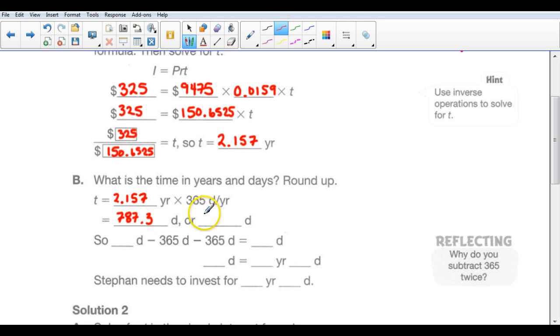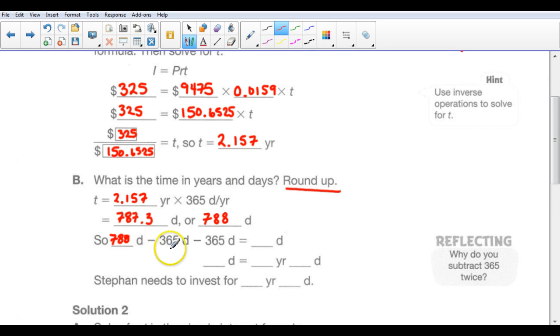And we get an answer of 787.3 days, or we're going to round to 788 days because it says round up. So we'll round up to 788 days. So 788 days, that's the same as 2.157.